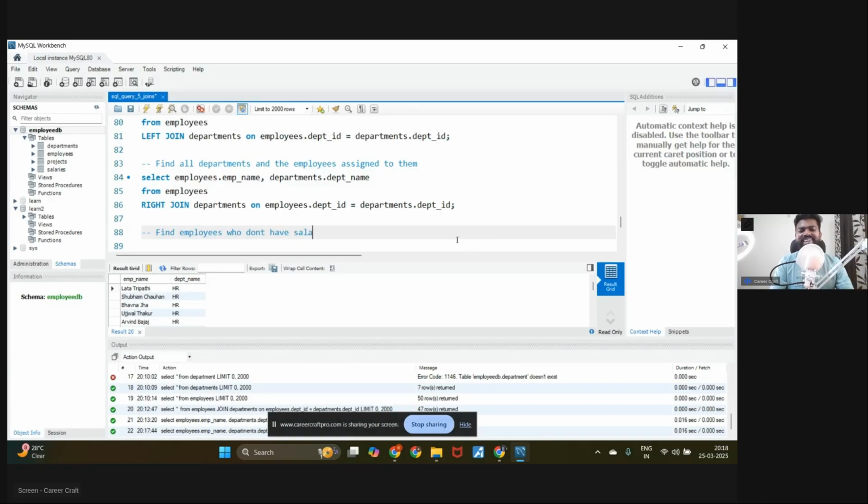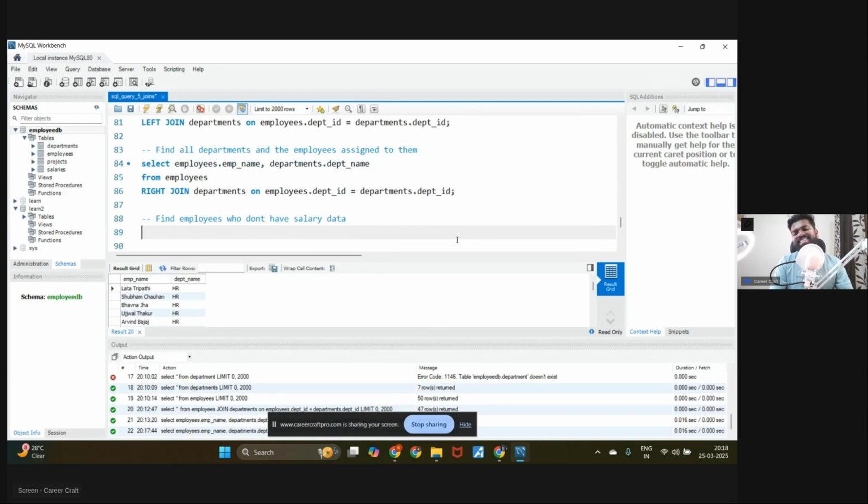Second, find all employees along with the projects they are working on.